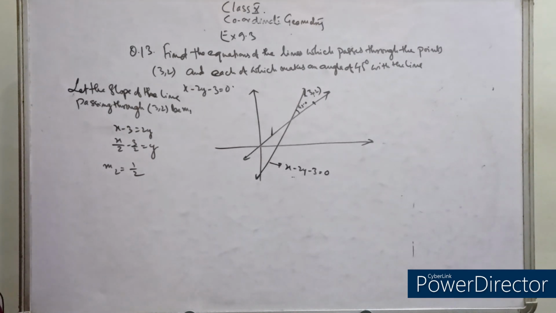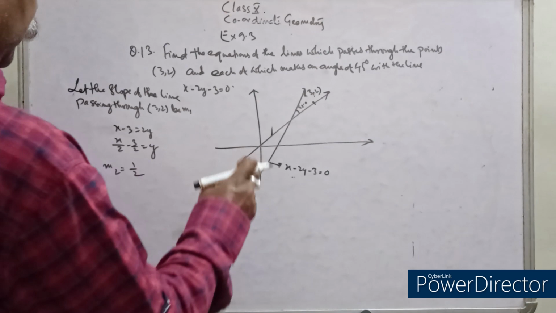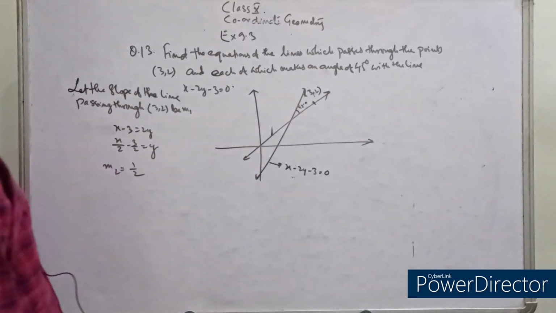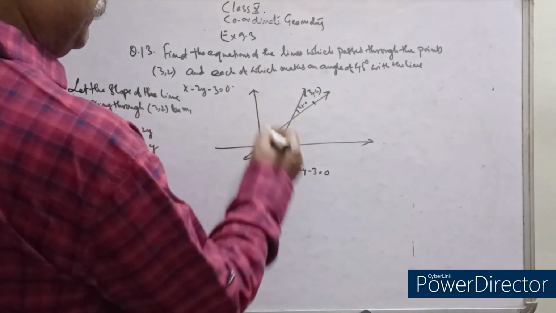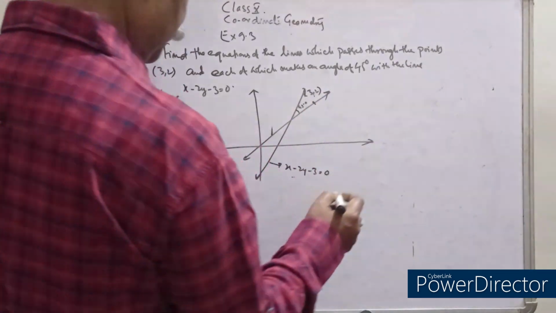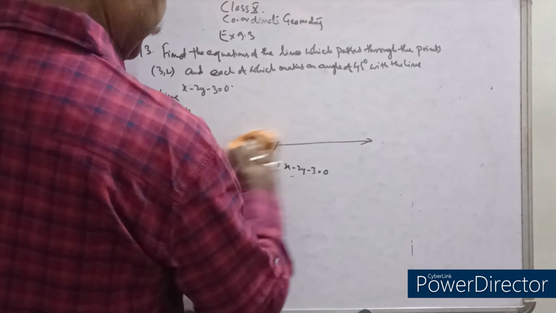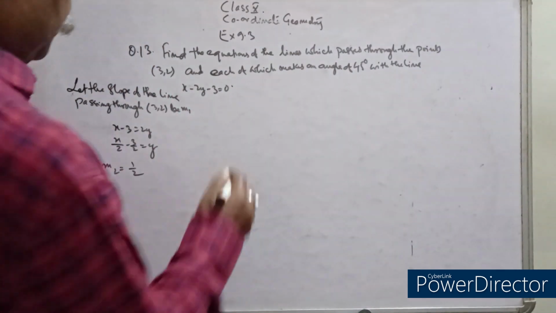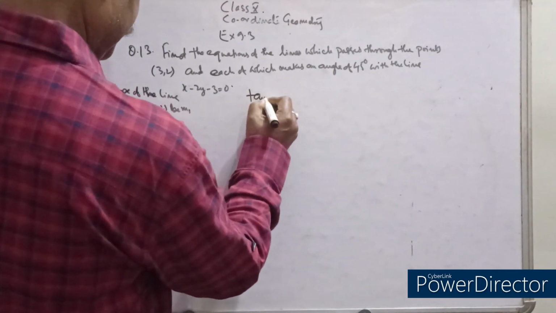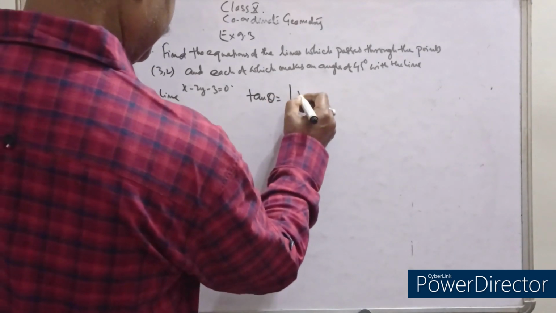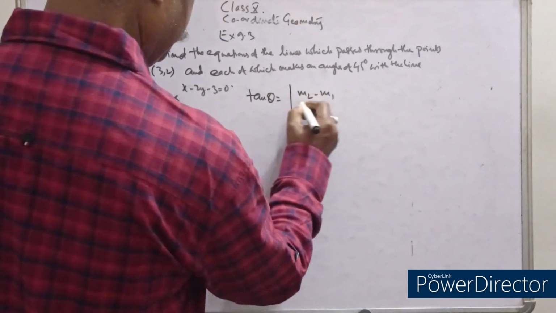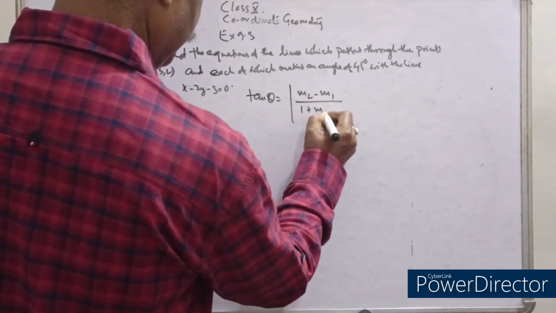Now let us find out, your theta is given to you. So tan theta is equal to modulus of (m2 minus m1) by (1 plus m1 m2).